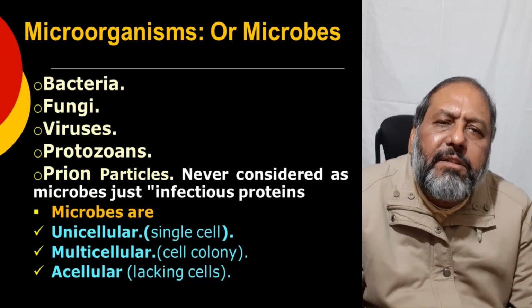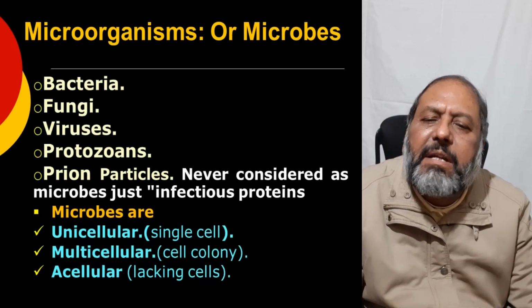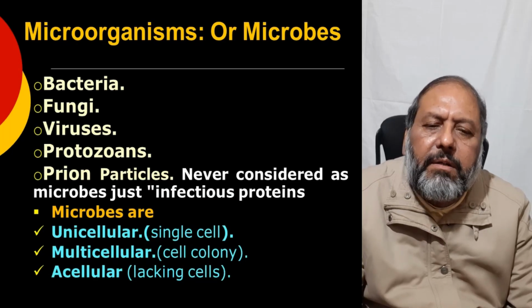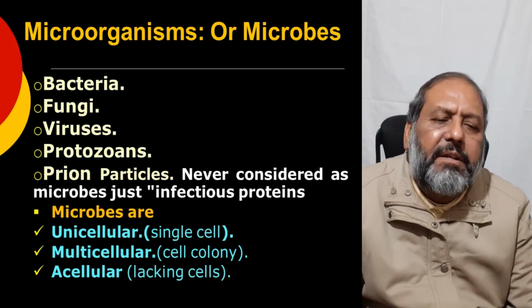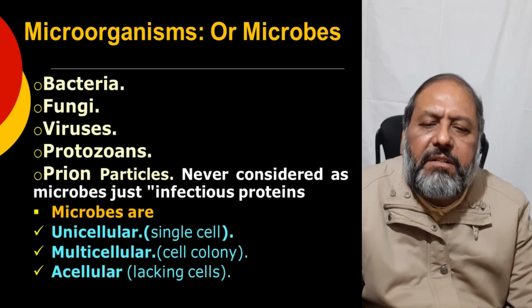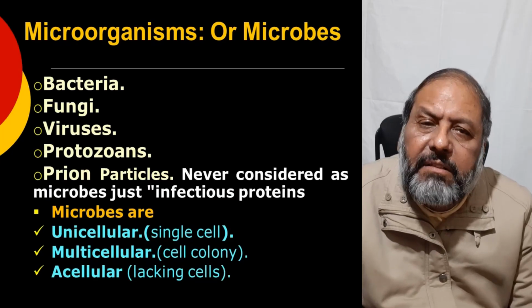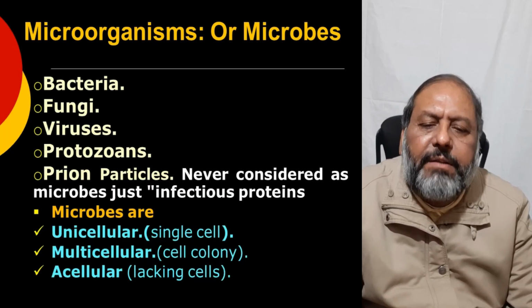Now, microorganisms or microbes include bacteria, fungi, viruses, protozoa, and prion particles, which are very small particles and are never considered as microbes. They are just capable of starting infection, so they are called infectious proteins.